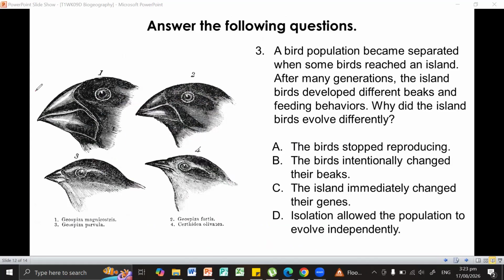And for one and two, they have big beaks, and because of that, they can eat large amounts of food. So why did the island birds evolve differently? That's because of letter D, isolation allowed the population to evolve independently, which is an offshoot of the first factor, which is called geographical isolation.